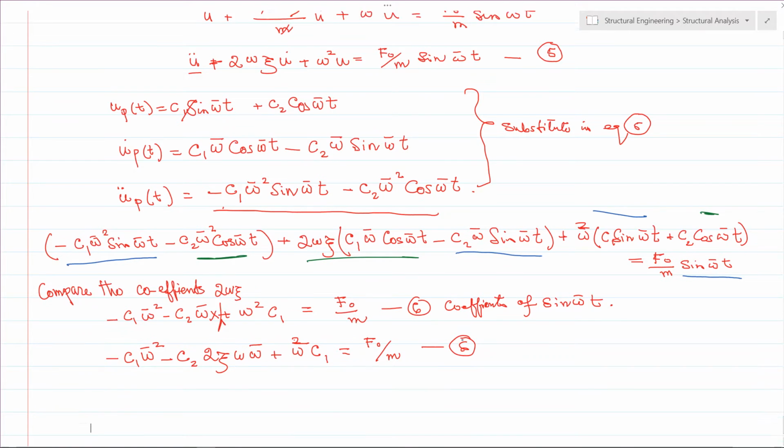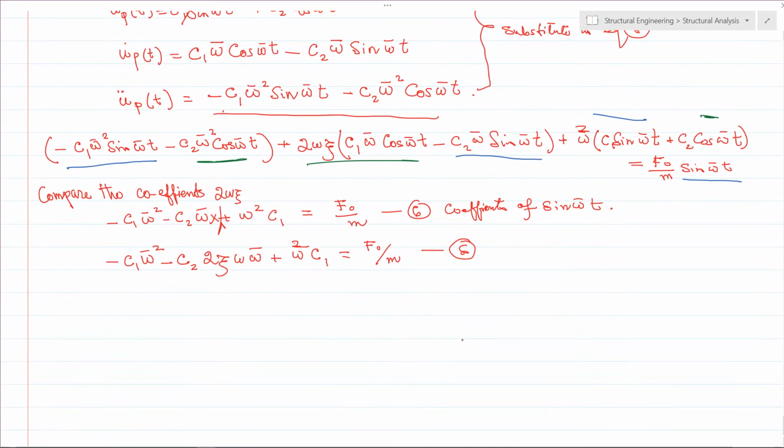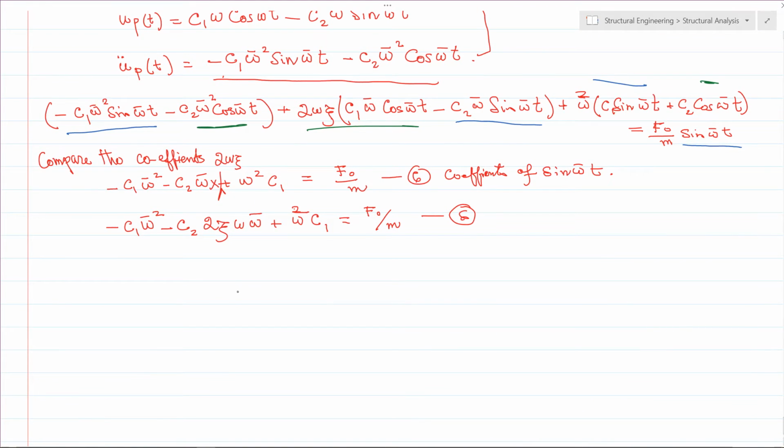Now we compare the coefficients for cos. First of all, it will be minus C2 into omega bar square, then minus C2 omega bar plus, no, here C1 it should be.